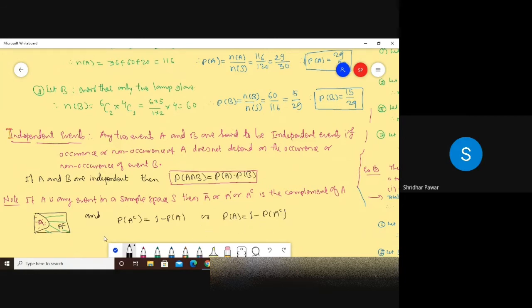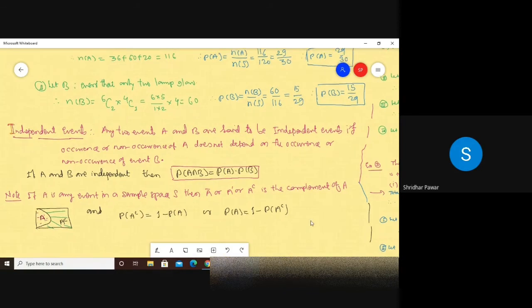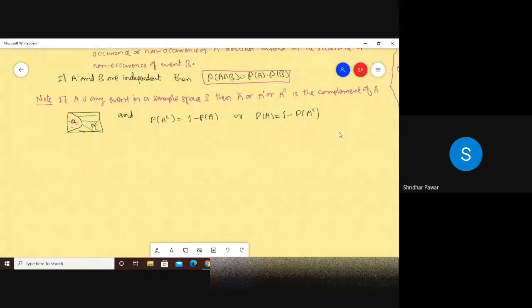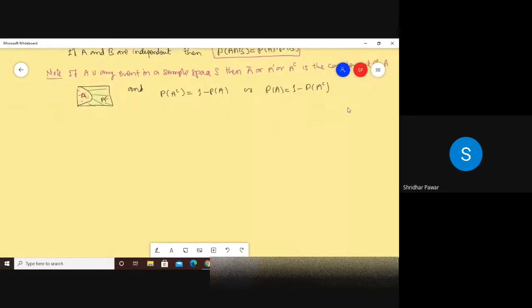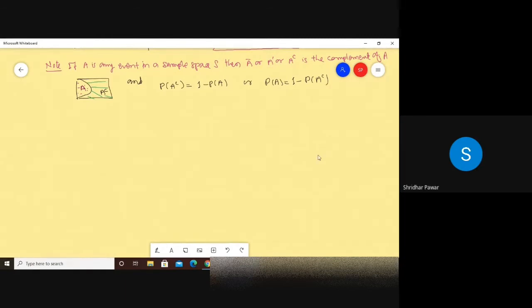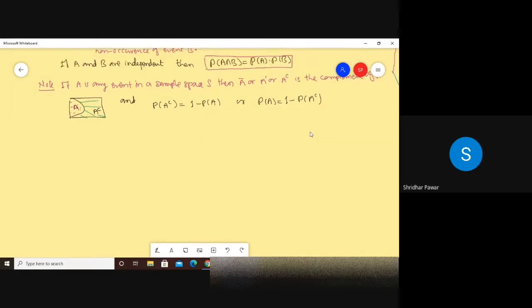Okay, so this is an important relation between a set or an event and its complement. These are quite useful while solving some problems on probabilities. Now we will consider examples where we will use addition theorem, these independent events and complements together.